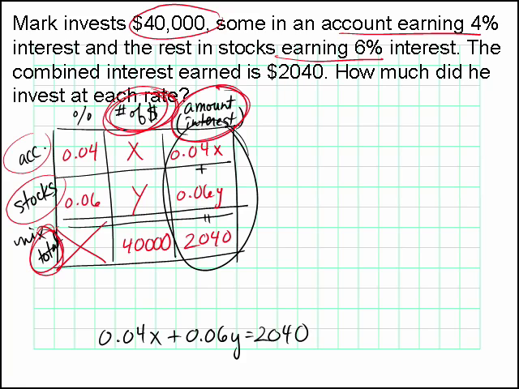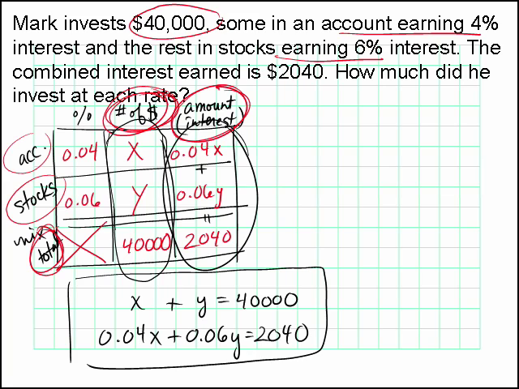The other equation is in the middle column. The amount of money X invested in the account plus the amount of money Y should add up to 40,000 total. So X plus Y equals 40,000. This is the system which we need to solve. Once again, just like the last example, I'm going to eliminate the decimals first.